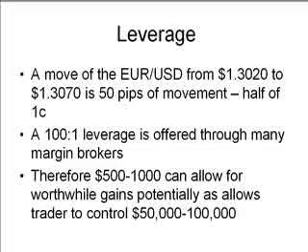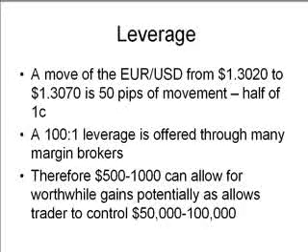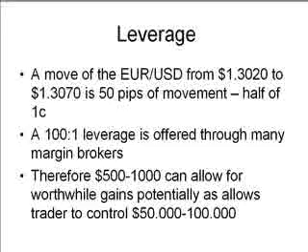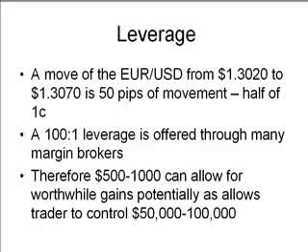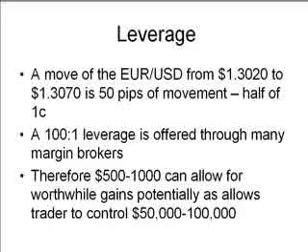And what that means is that your account with your broker needs only have, for example, $500 to $1,000, and that will allow you to make worthwhile gains potentially on your account, because your broker will allow you to go into the market controlling $50,000 to $100,000.